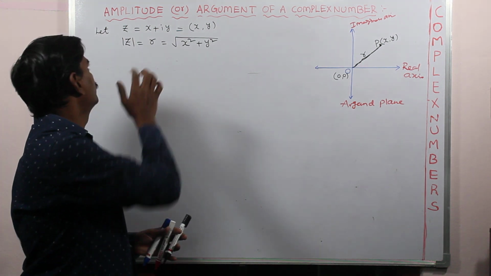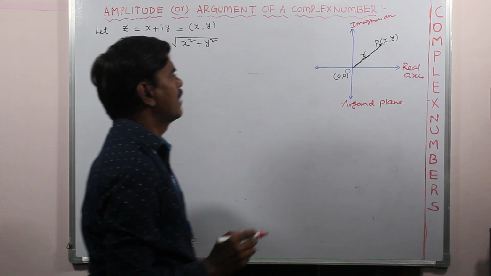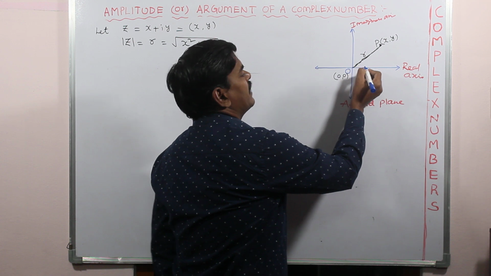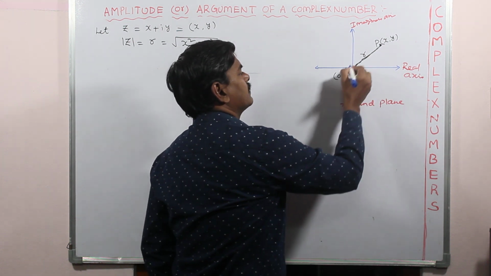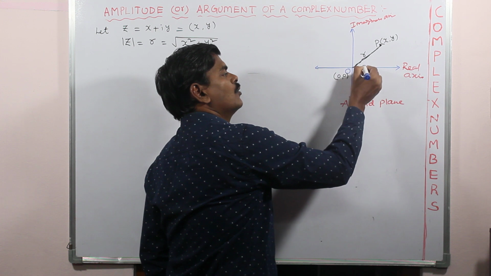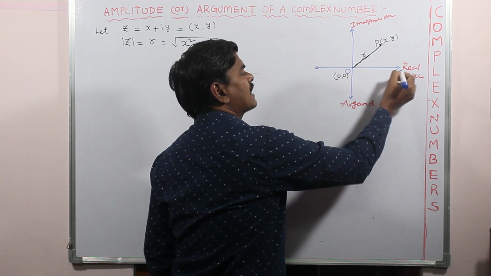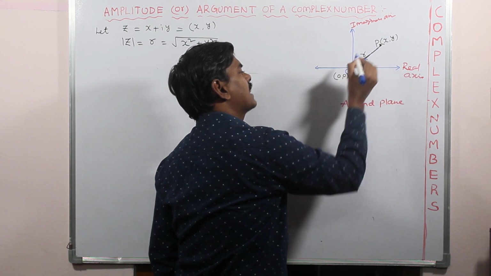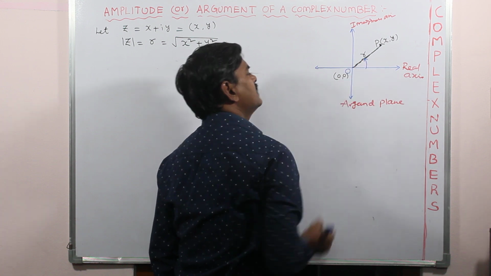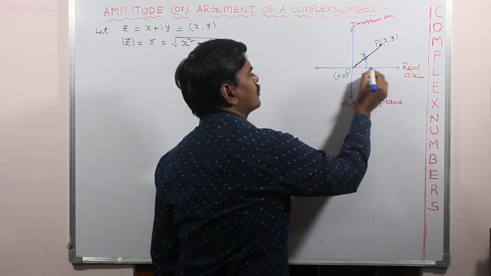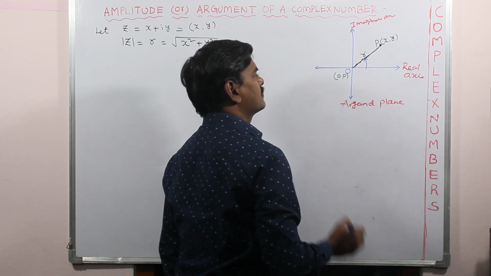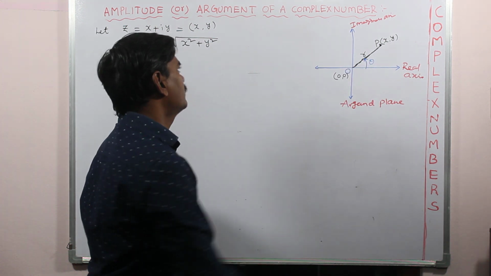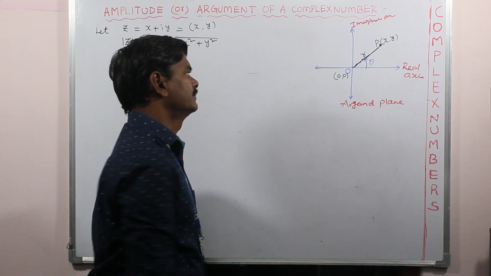Now moving on to amplitude of a complex number, the angle made by line OP with the real axis, in the positive direction of real axis, in anti-clockwise direction, is called amplitude of this complex number z.